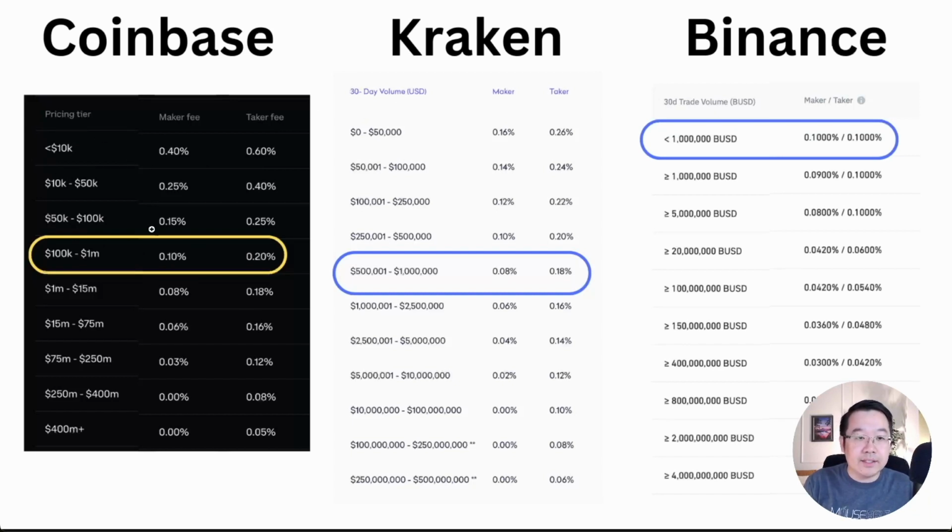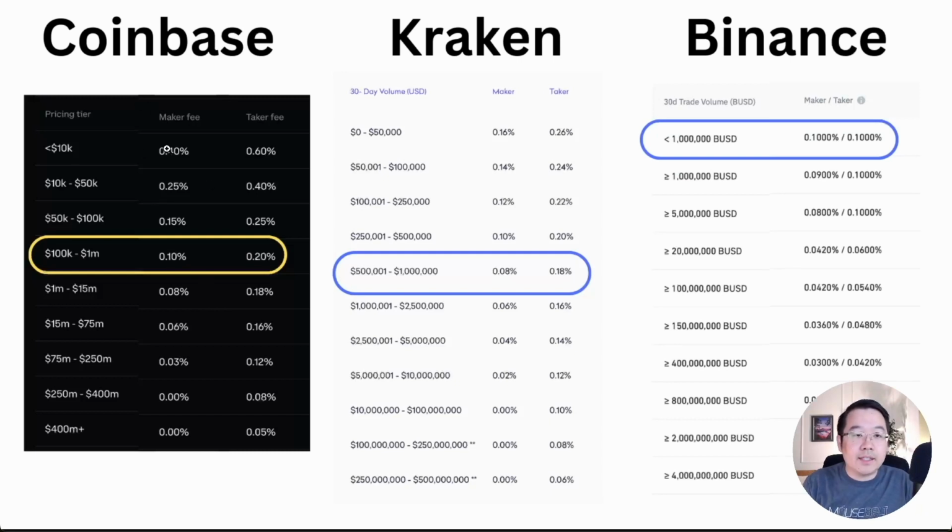And then you can see their maker and taker fees. So if you barely do anything, then Binance, of course, has the best fees. But as you get more and more volume, it quickly becomes very comparable, even if Coinbase is a little bit higher, just by looking at some various tiers.